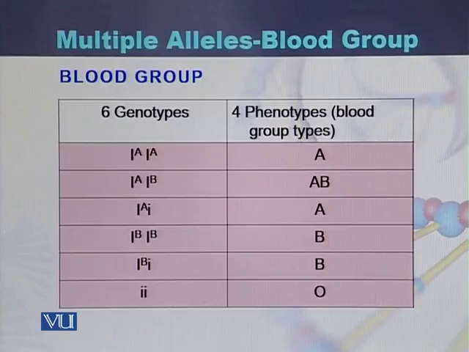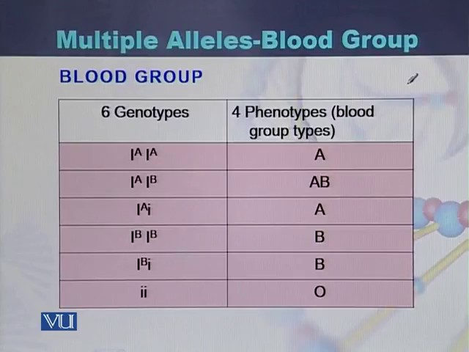So based on the genotypes and phenotypes, based on the alleles, there are 6 different genotypes, and based on the genotypes, there are 4 major groups of human blood.